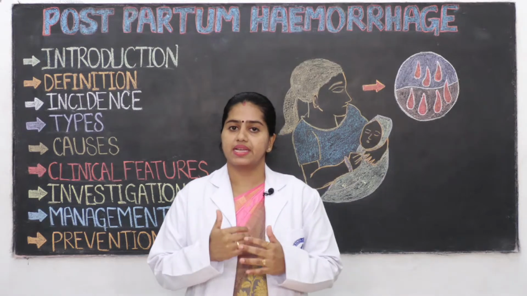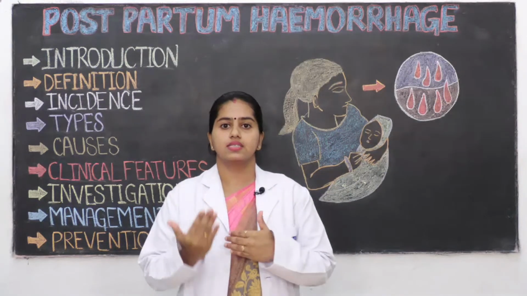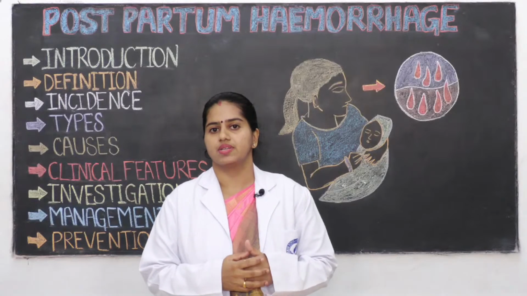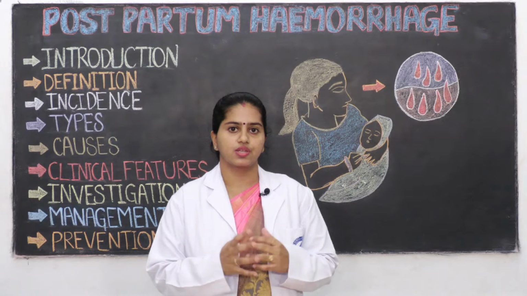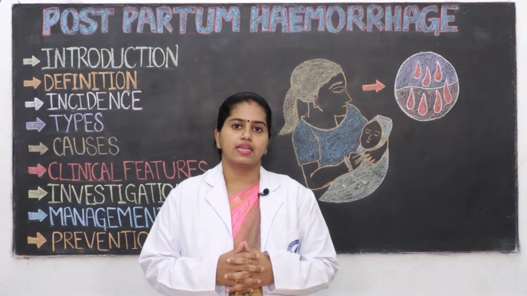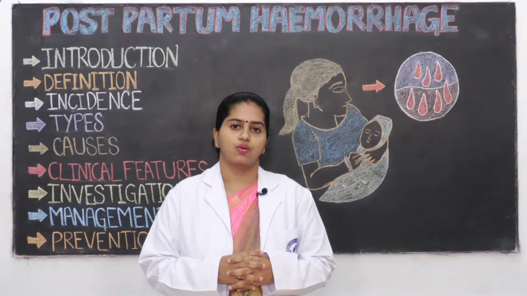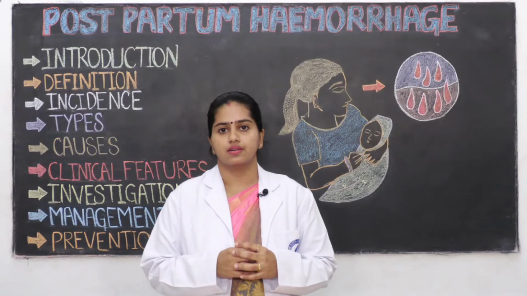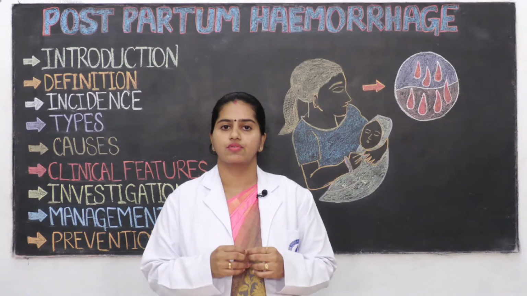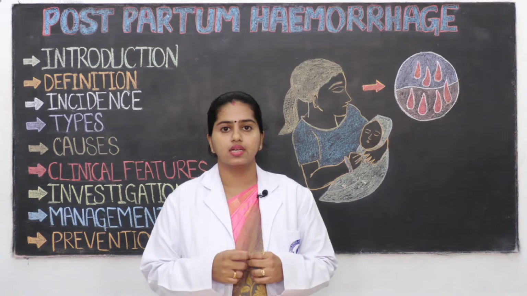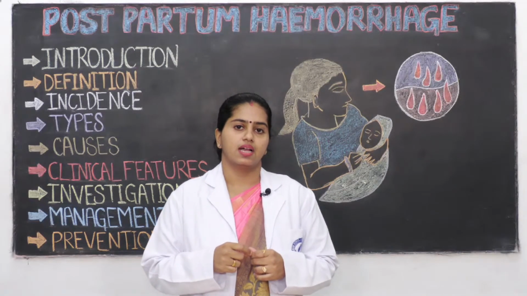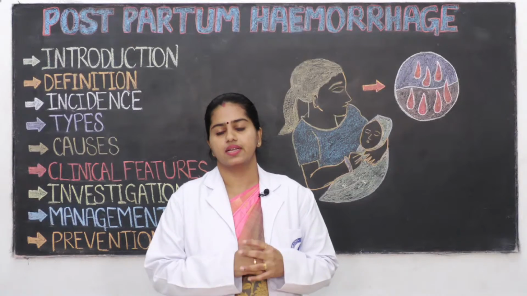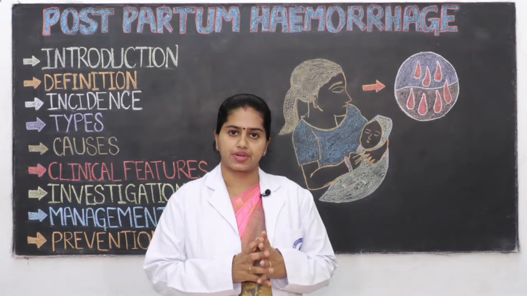Then if the bleeding is not stopped, what is the next step? Next step, tight intrauterine packing. The uterine compression has to be given. We can take 15 meters of gauze, roll it, put it in antiseptic solution, and fill the uterine cavity with it.